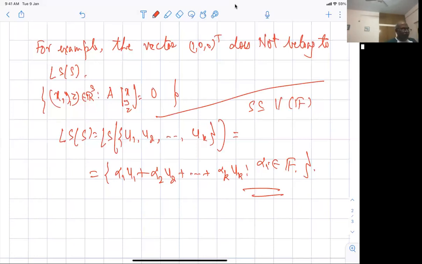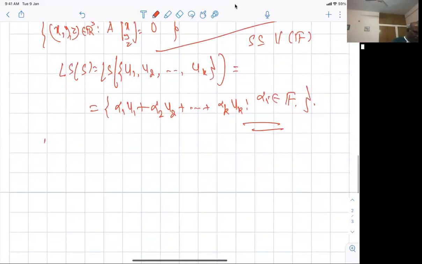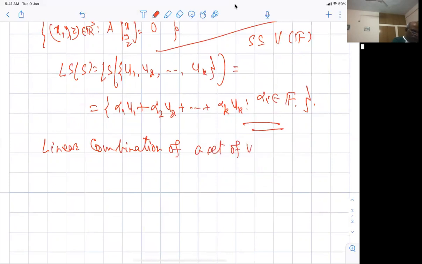The next idea that we have is what is called linear combination of a set of vectors. So what is a linear combination?